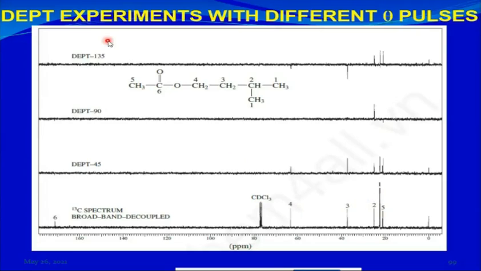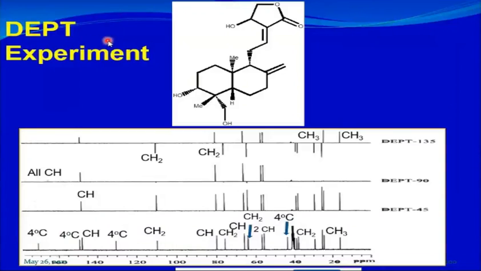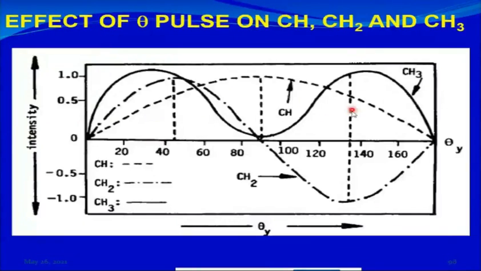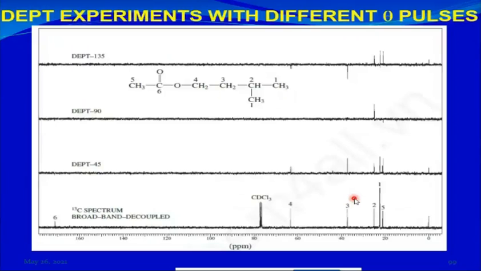So we go for DEPT 135, and in DEPT 135, you can see that we have positive signals for CH and CH3, and we have negative signals for CH2. So let's see. You can see here in DEPT 135, we have 1, 2, 3, 4, 5 signals.